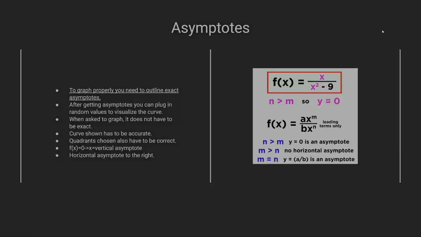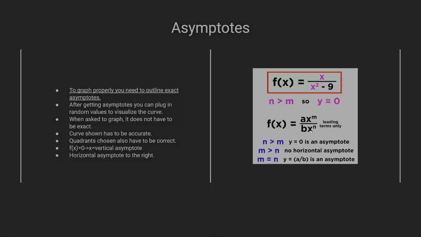If you want to find the asymptote so that you can outline it and graph it properly, this is how you do it. The vertical asymptote is any x value where there's no actual output, so it's as simple as finding when the denominator of the function equals 0.